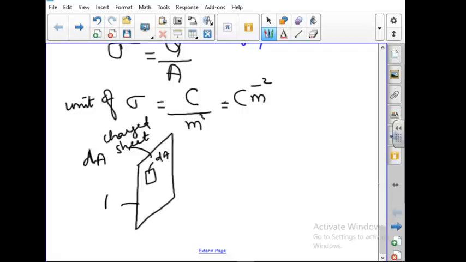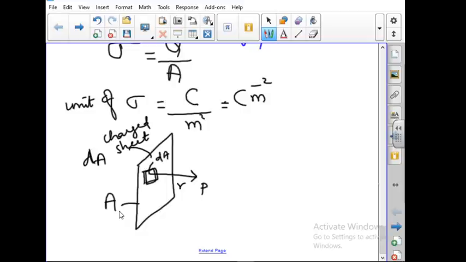This total area is A. This very small area is dA. If you want to calculate the electric field at the point P, which is at a distance r, what will be the electric field at the point P?